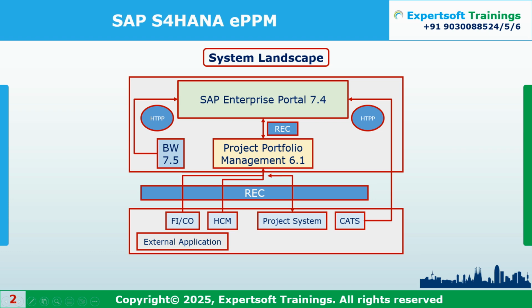This is the system landscape. Before I come to the system landscape, first you need to understand what ePPM is. ePPM, Enterprise Portfolio and Project Management, is part of the S4 HANA business suite. Under this, we have 5 different modules: SAP PS, PPM, CPM, innovation management, and one technical one called the ECP connector.